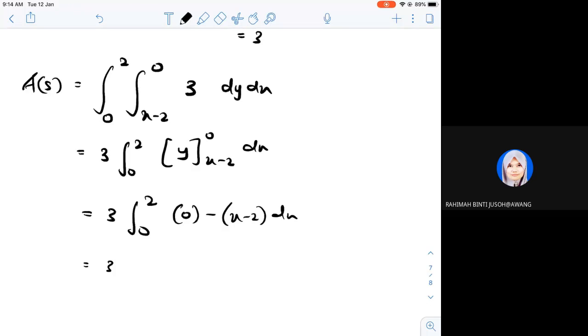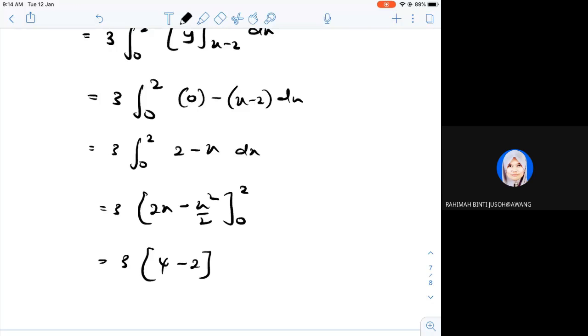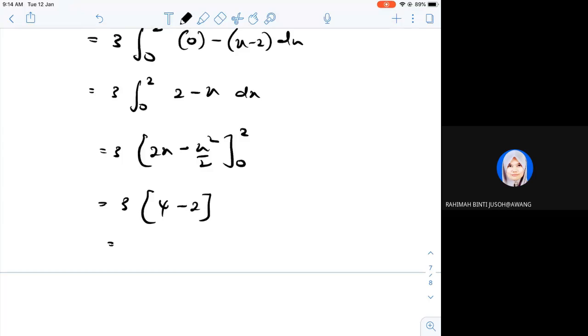So it becomes 2 minus x kan, terbalik lah jadinya sebab negatif tu. So now we can integrate this to 2x minus x squared over 2, substitute 0 and 2. So 2 times 2 is 4, 4 divided by 2, so 2. 3 times 2, we get 6. Okay, so this is the answer, 6.